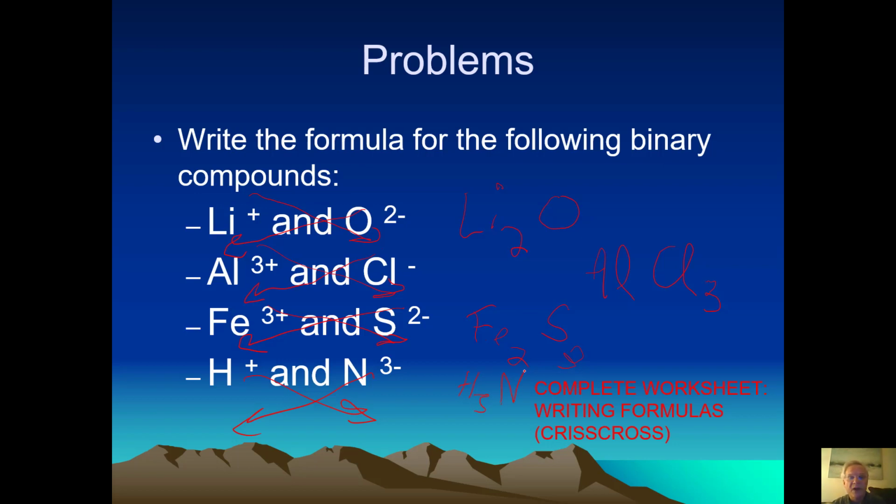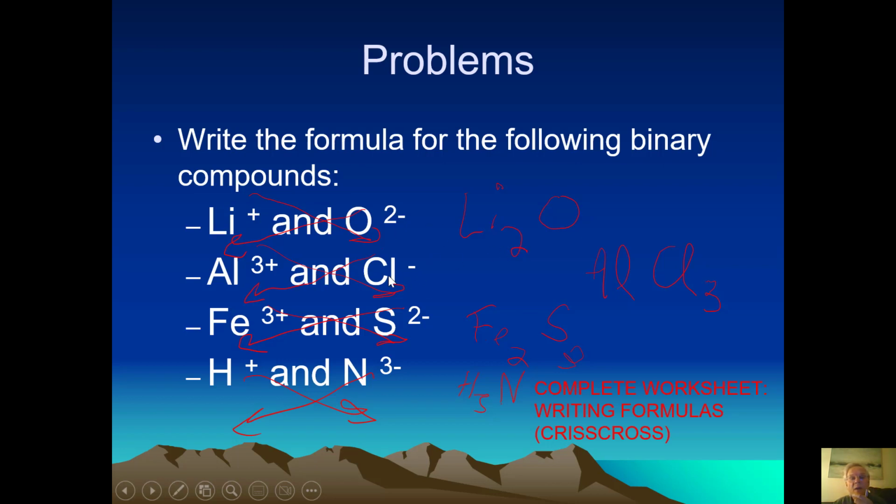What we're doing here is actually equalizing charge. It's saying that for this compound to form, for every 2 lithiums I need 1 oxygen, because the oxygen has 2 spots for electrons to land, and each lithium is going to provide those electrons. So that's why this is a 2.